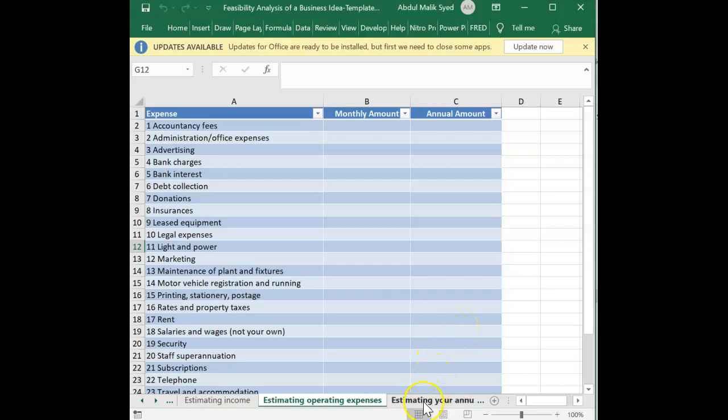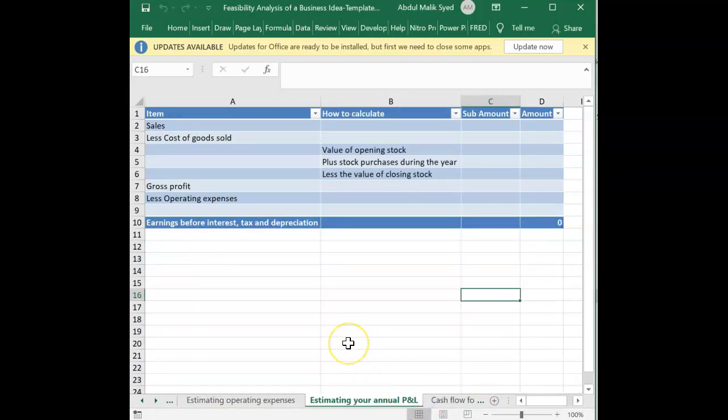The next thing is estimating your annual profit and loss account, right? If you are talking about a manufacturing setup, you may also have cost of goods sold. Otherwise, if you are talking about a service business, then you talk about the cost of sales. If you have a manufacturing business, you talk about value of opening stock, plus stock purchases during the year and less the value of closing stock.